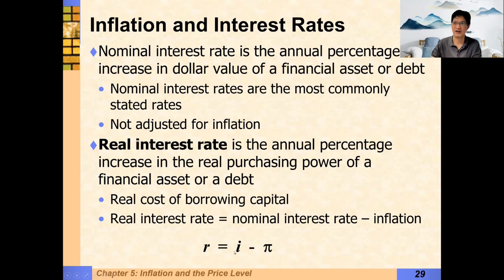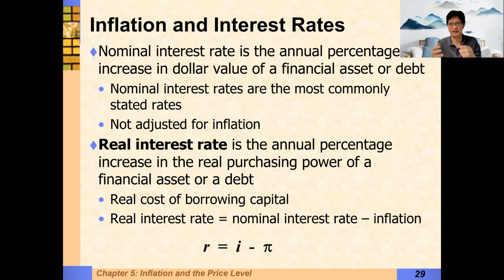Now, this is not exactly correct. This is a shortcut, actually. It is an estimate. The accurate calculation would actually be 1 plus r is equal to 1 plus i divided by 1 plus pi. That is, 1 plus the real interest rate is equal to 1 plus the nominal rate divided by 1 plus inflation.